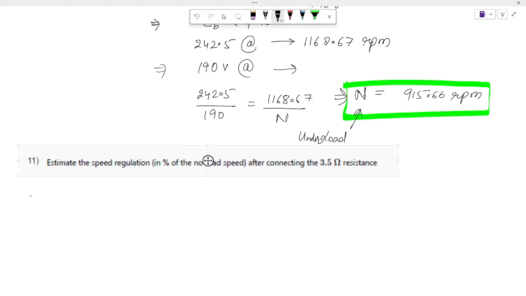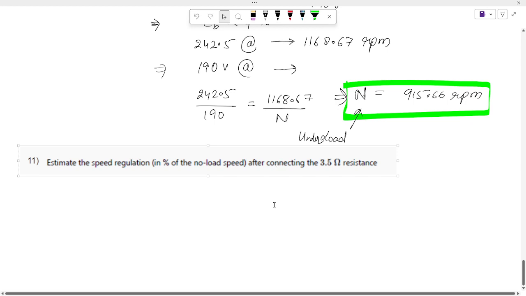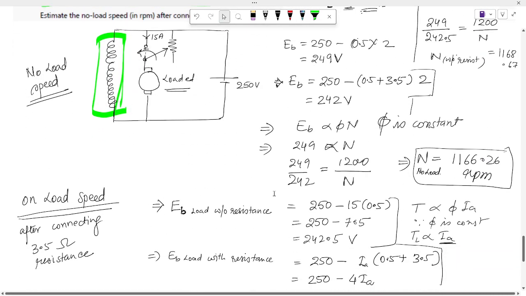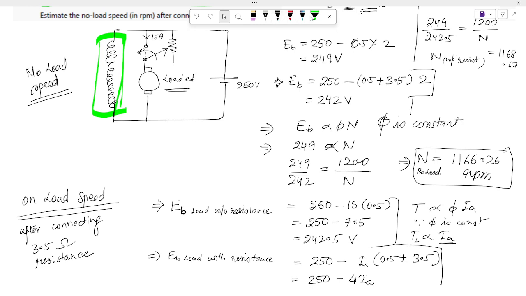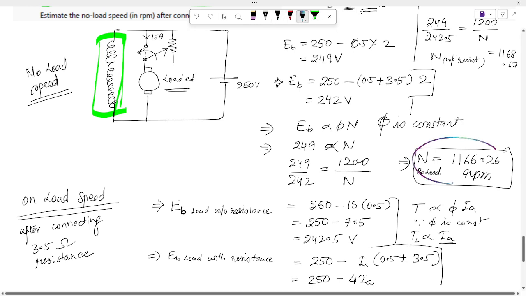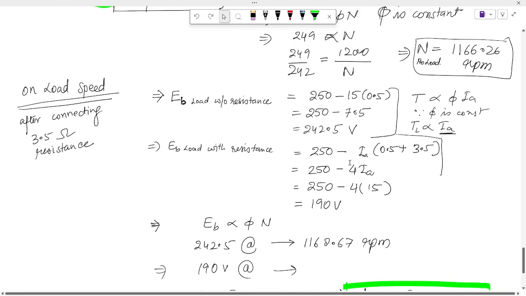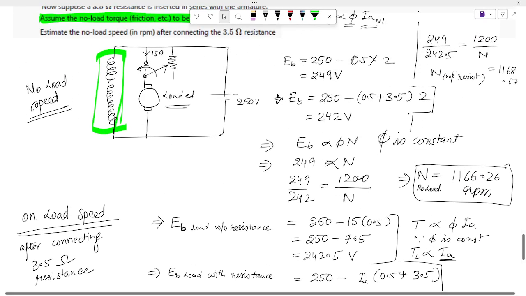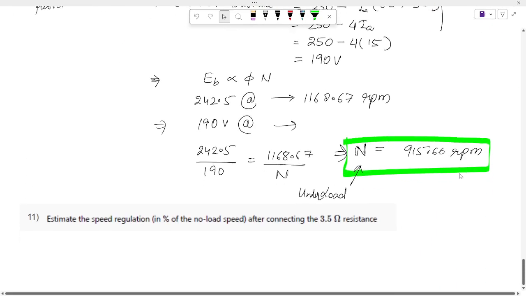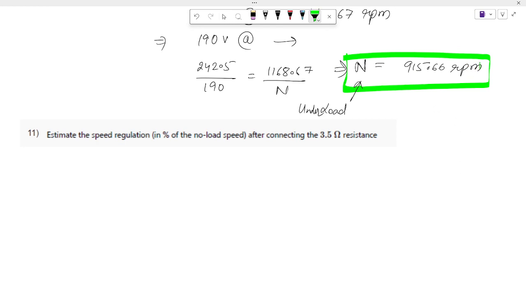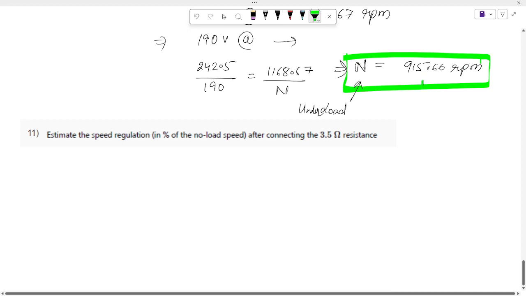So, what was the no load speed with resistance connected? 1166.26. Now, when load is connected with added resistance, this is 915.6.